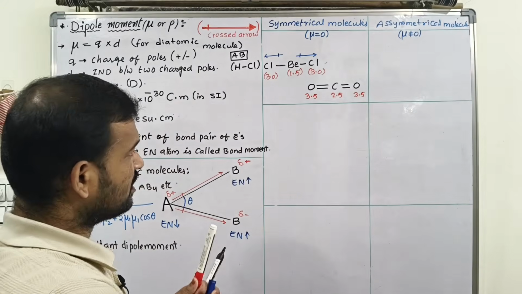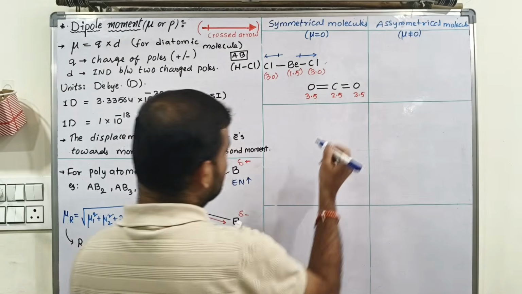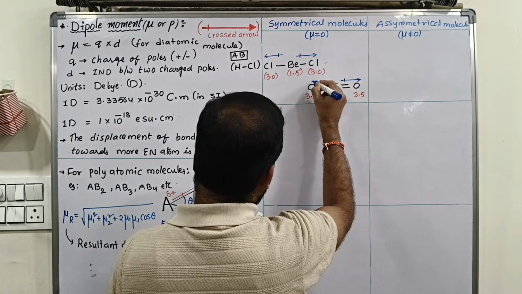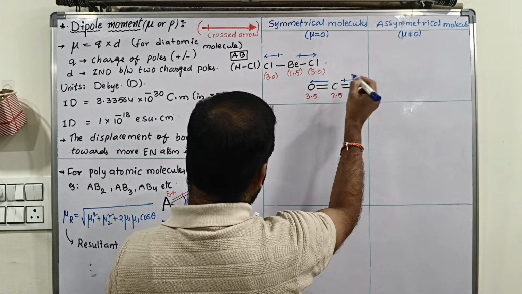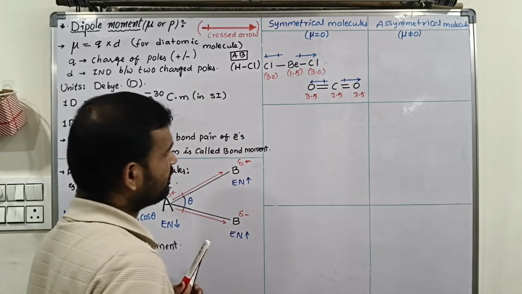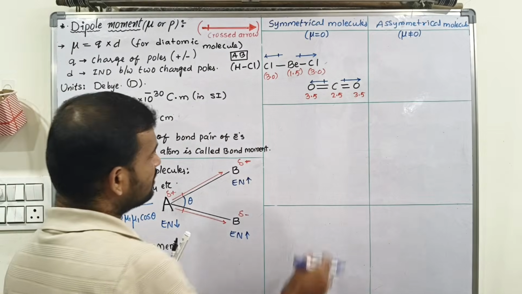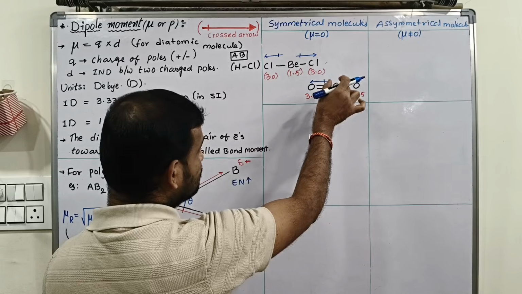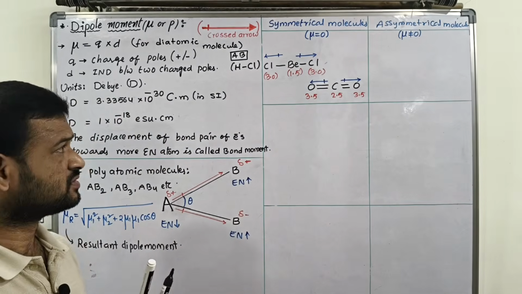Which is more? Oxygen has more electronegativity, so the bond moment moves towards oxygen. Here the left side and right side bond moments are equal, so the net dipole moment is 0.